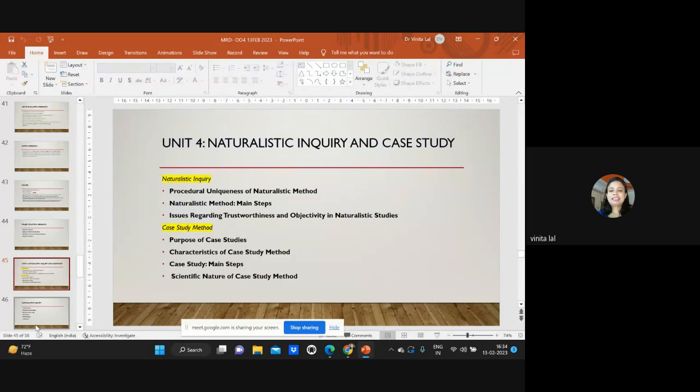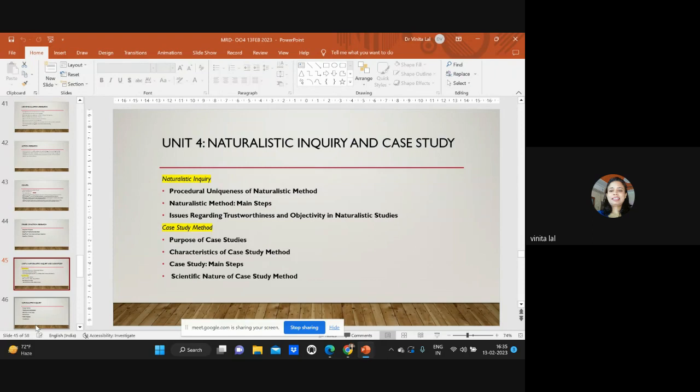So the case study is essentially an intensive investigation of a particular unit under consideration, and the object of the case study is to locate factors that account for the behavior pattern of the given unit as an integrated totality. It is a technique by which an individual factor, whether an institution or just an episode in the life of an individual or group, is analyzed in its relationship to any other in a group.